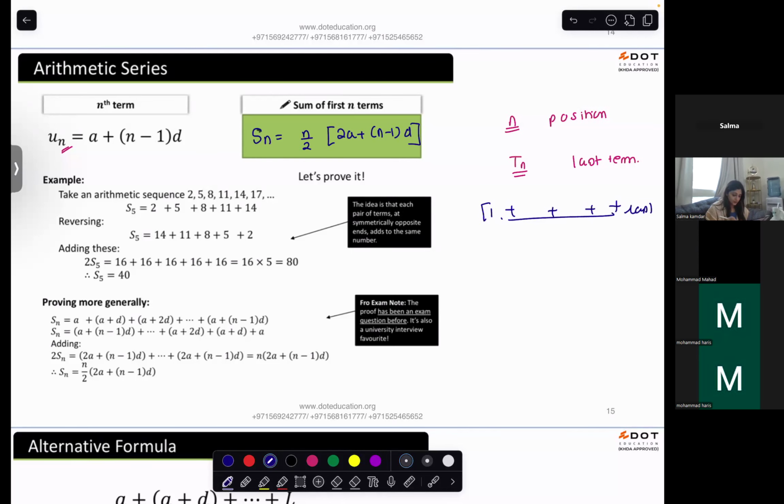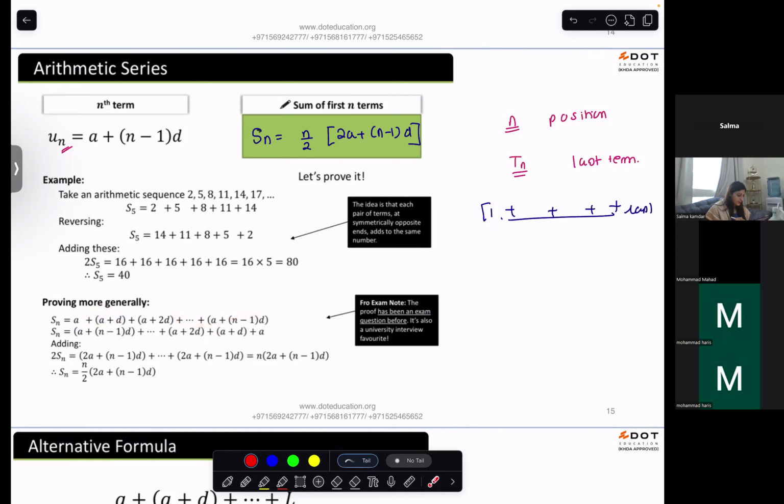I have to go to convergence and divergence today. Okay. Tell me how do I prove it? Just try to recall. Okay, so you just write it down in the form a plus d, a plus 2d, and then write the first two terms and last two terms.